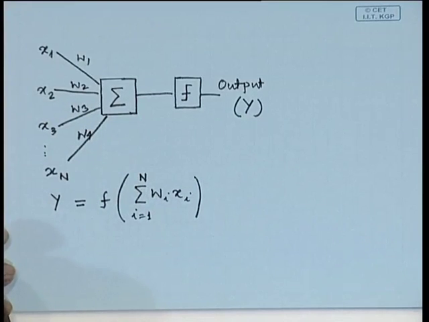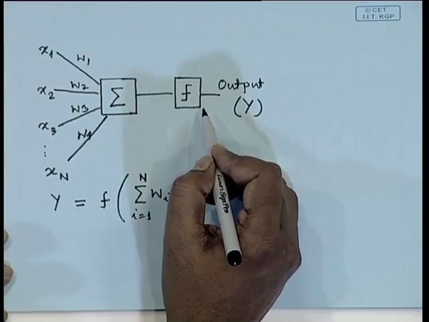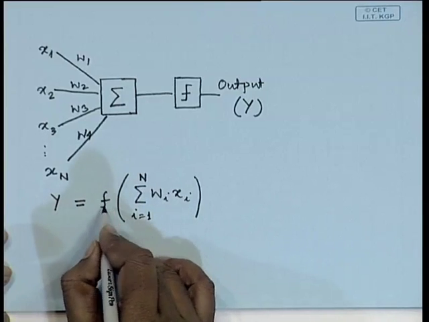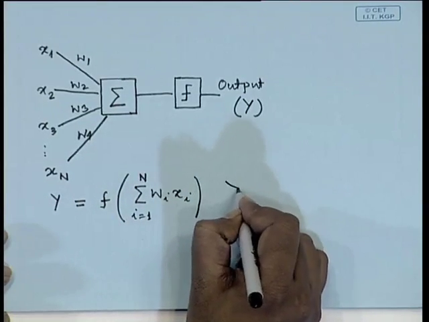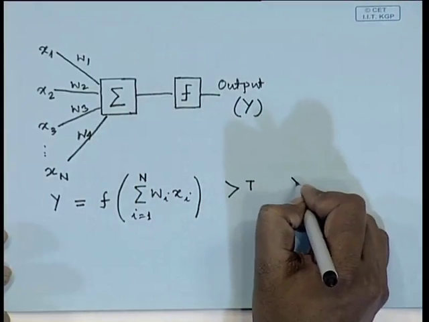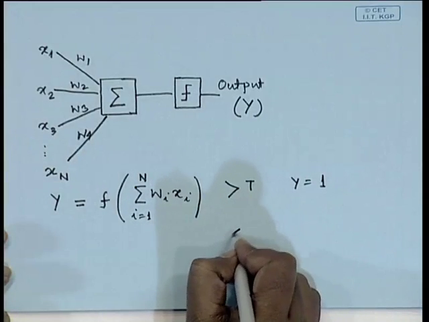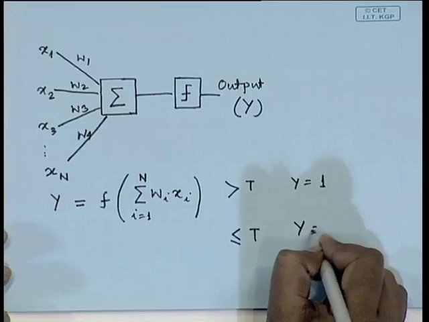If I use this nonlinearity as a simple threshold function, then if this nonlinear output is greater than threshold, I set y to 1, and if this is less than or equal to threshold, I set y to 0.